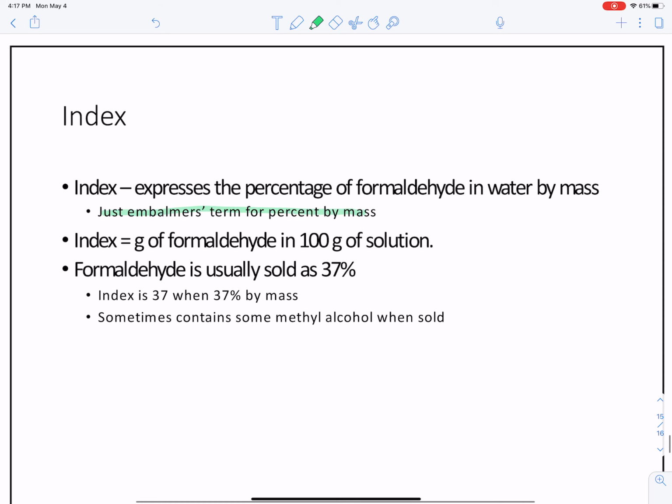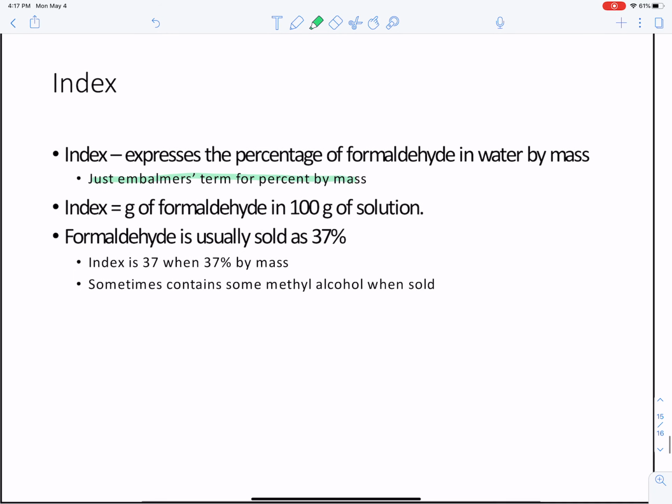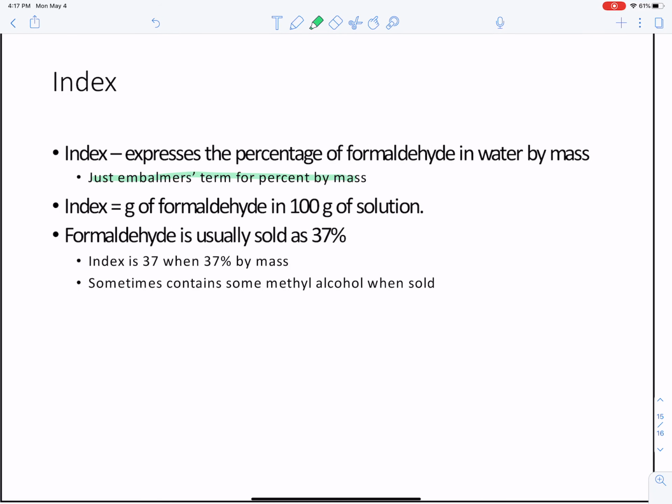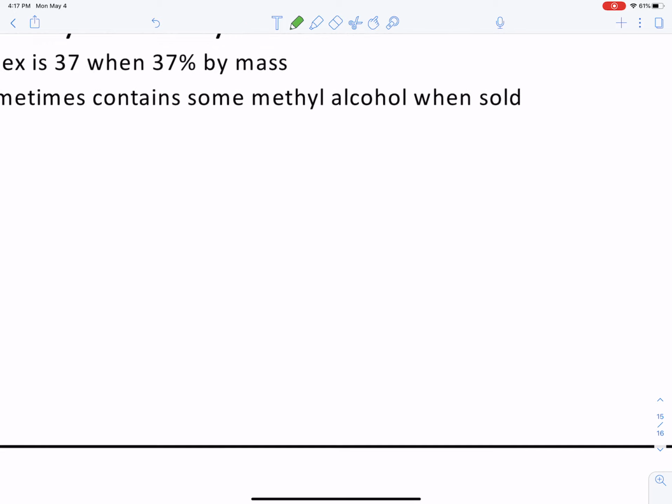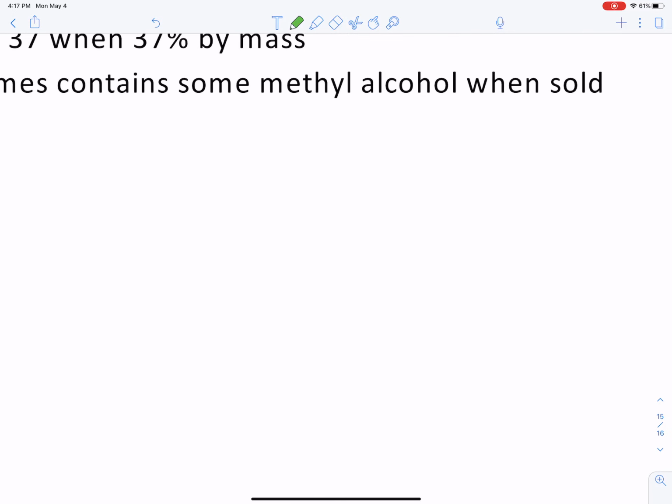There's an interesting thing that you can do. Sometimes with this index, you need to actually dilute stuff. So let me go ahead and show you this real quick, and then I'll call it quits. I know I'm running long on this particular lecture. So there's this formula, M1V1 is equal to M2V2.